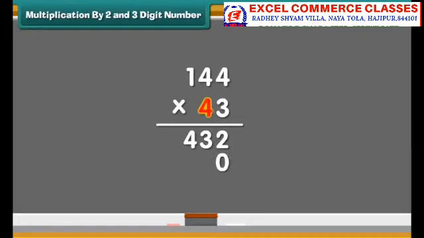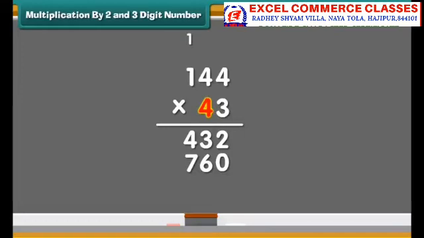Multiply 3 with the number on the 100's place and add 1 which was carried forward. We write 4 in the 100's place. Now add a 0 on the 1's place and multiply 4 with the number on the 1's place. 4 times 4 is 16. Write 6 in the 10's place and carry the 1 forward to the 100's place.